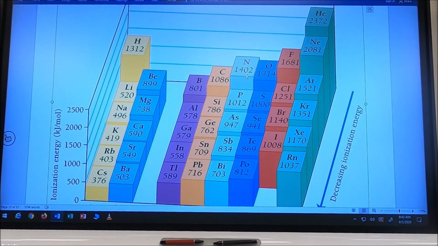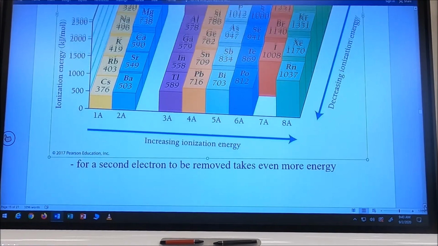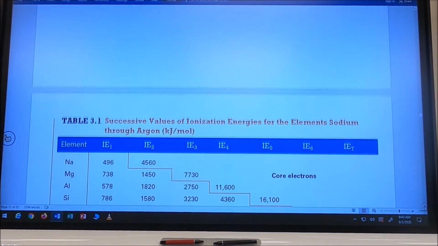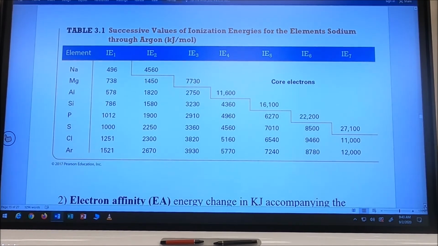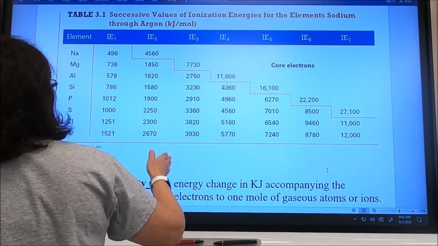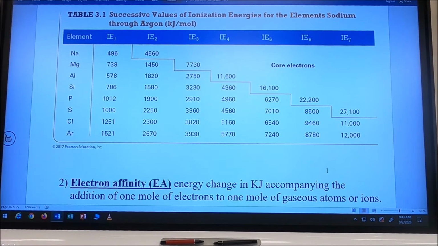In some situations, when we're creating ions, we actually want to remove more than one electron. To take the second electron off an atom, it gets increasingly harder. Here's a table of energy values for removing the first electron, the second electron, all the way up through 7 electrons.